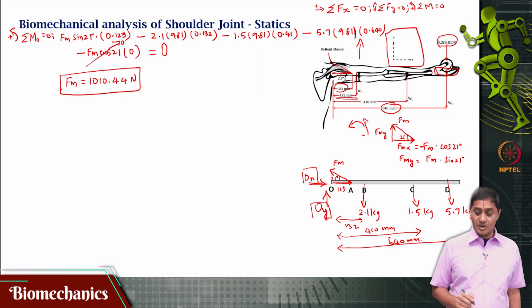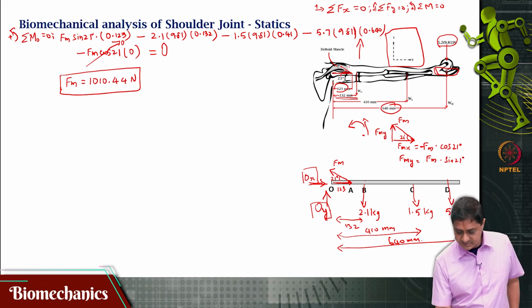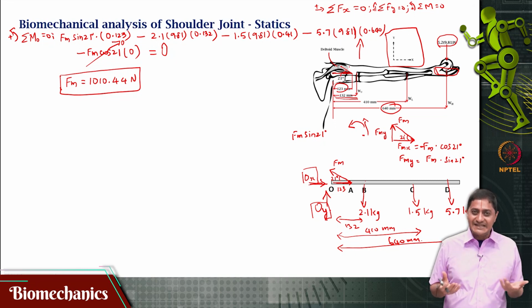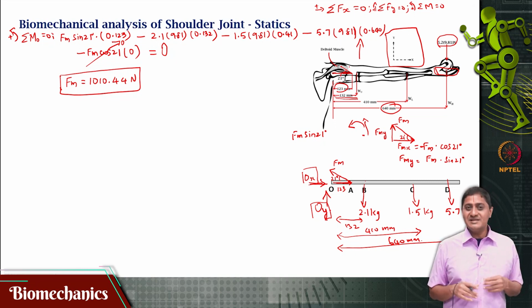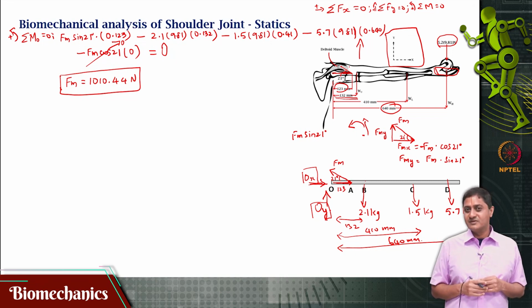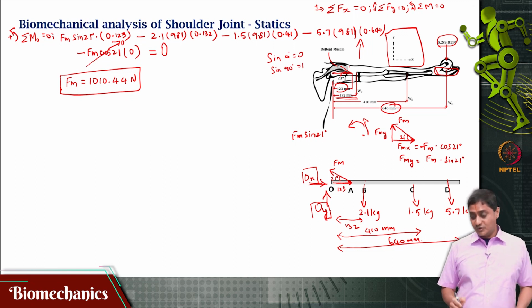But that is not what is happening, because the component of force that is going to overcome this is the y component, and Fm sin 21 is a much smaller number than Fm sin 90, right. So, the angle of attachment of the muscle is small, because sin 0 is 0 and sin 90 is 1. 21 is closer to 0 than 90, right.